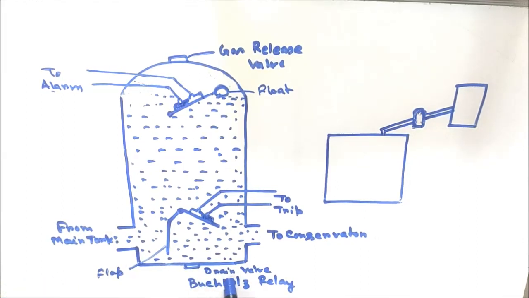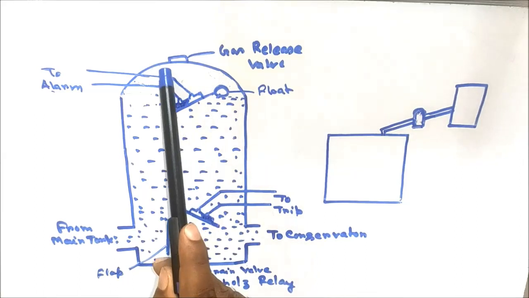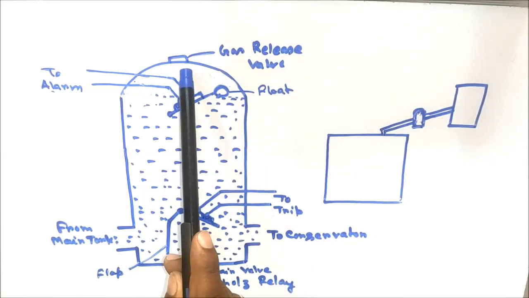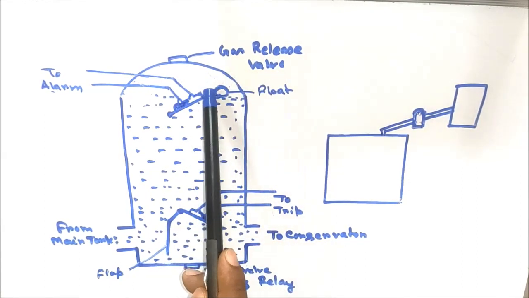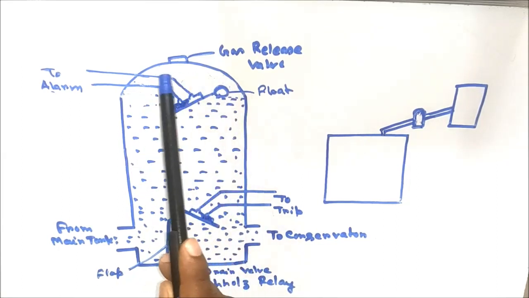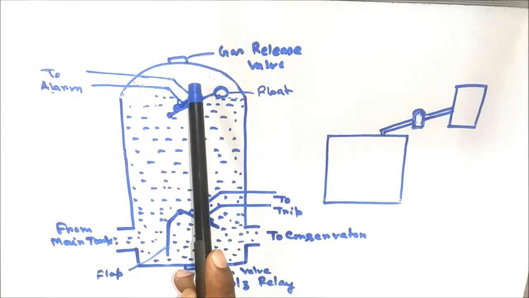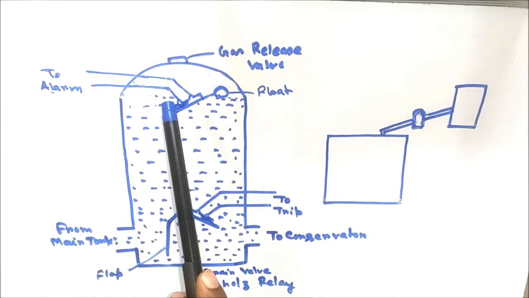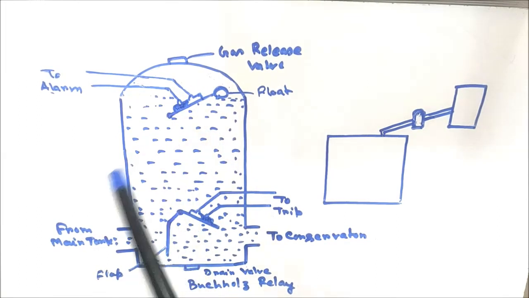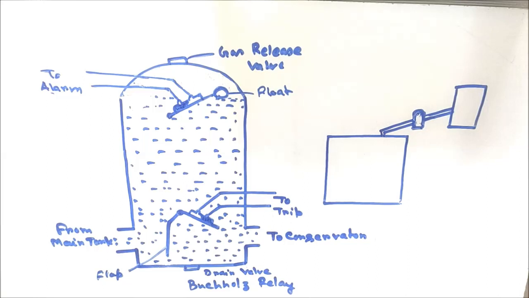In the lower portion there is the oil drain valve, and in the upper portion there is a gas release valve. When gas accumulates in the upper portion of the Buchholz relay, it is collected and tested whether it is inflammable or not, and by testing these gases we can assess whether any internal fault has occurred in the transformer or not.